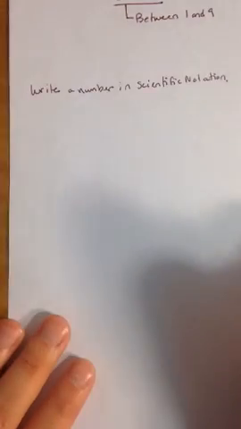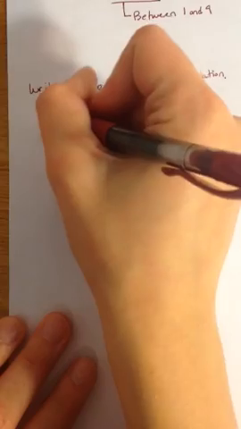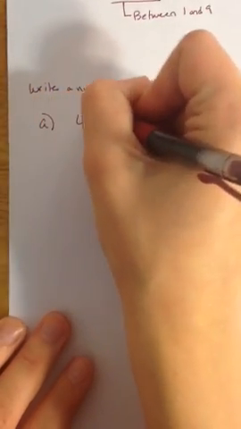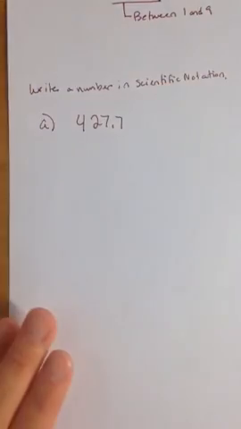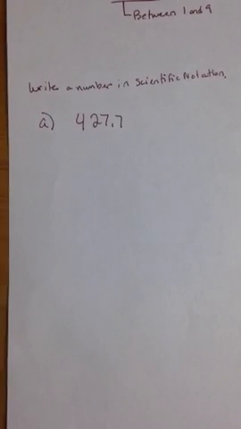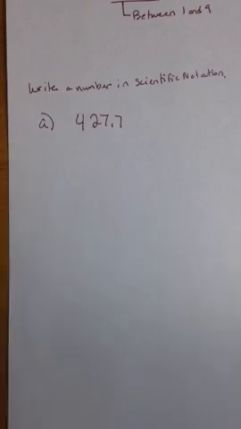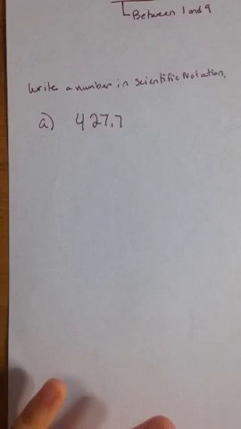Sorry, that's a little small there. So my example A, I'm looking at 427.7. There's several ways you can think about changing a standard form number to write it in scientific notation. You may have learned this in science already, and that's fine. Do it however you see fit in science.